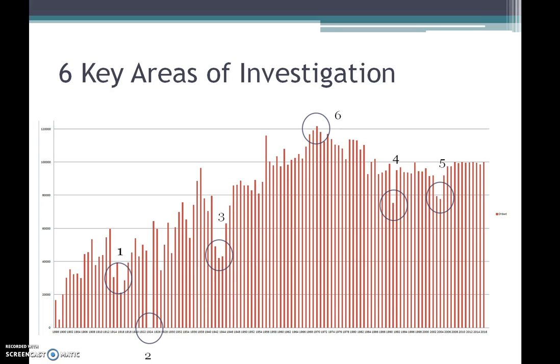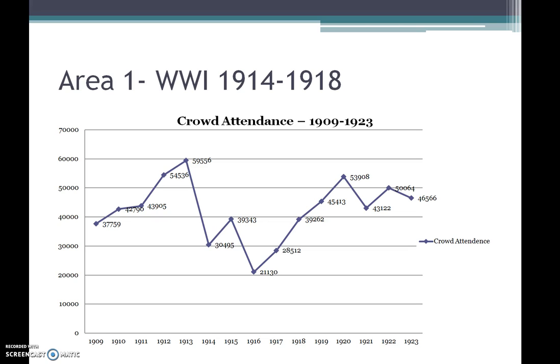We've got a decrease just for 1 year in 4. And number 5, a decrease for 2 years, and then returning to similar levels. And then number 6, of course, the highest attendance.